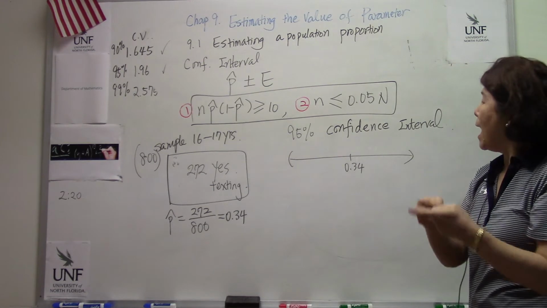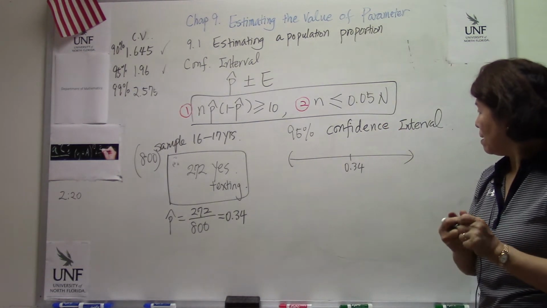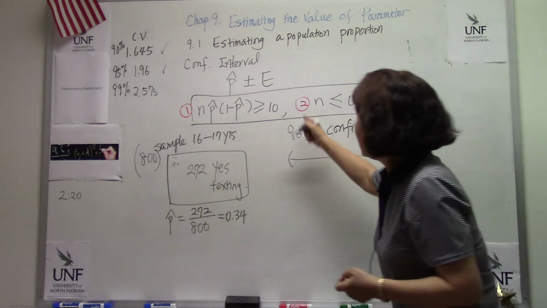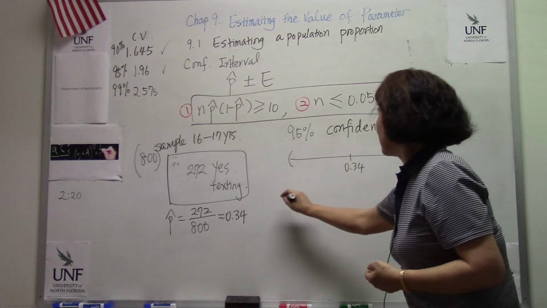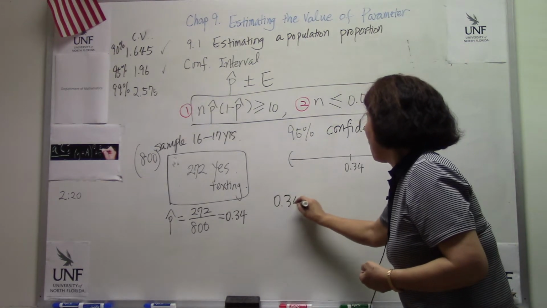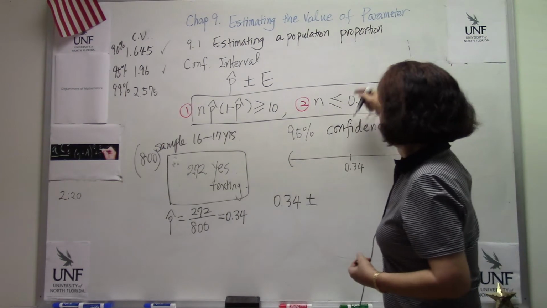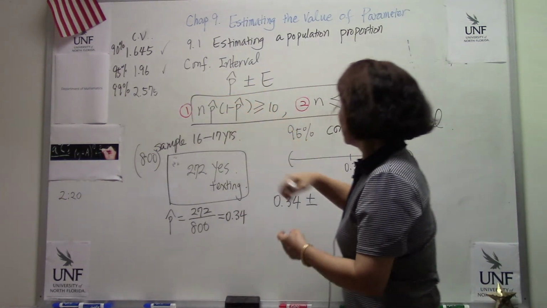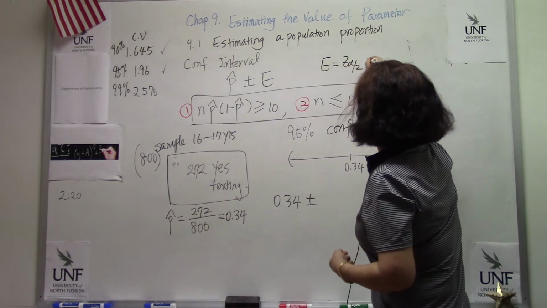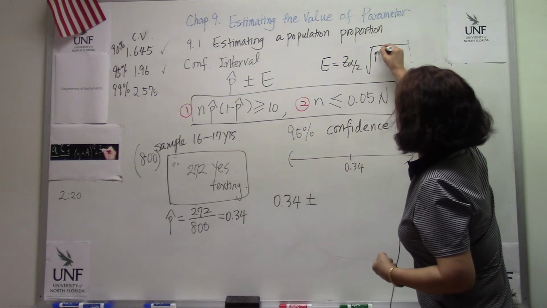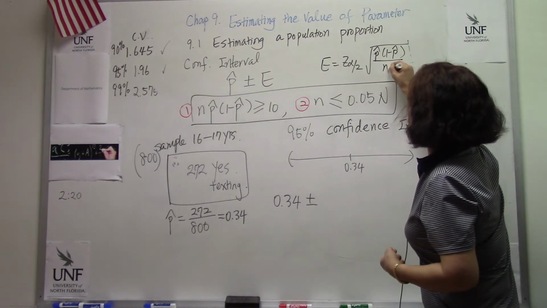So how is this 95% confidence level going to affect this? Well, the formula is p hat plus or minus E, so 0.34 plus or minus E. E is again z sub alpha over 2 times the square root of p hat times 1 minus p hat over n.